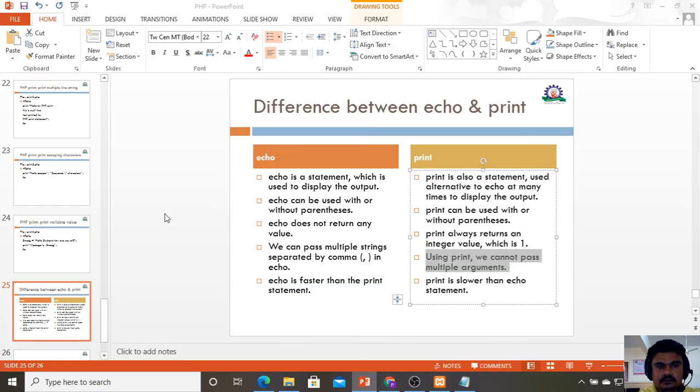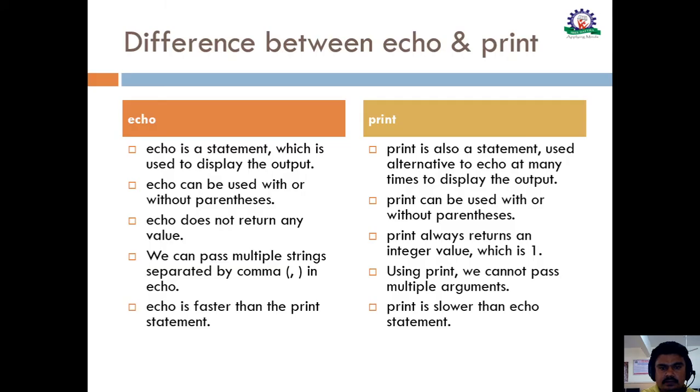So today we learnt about two different statements, that is print as well as echo. So let me revise it. So echo is the statement which is used to display the output. In the same way, print is also the statement which is used as an alternative to the echo to also display the content at the output. So next, echo can be used with or without the parenthesis.